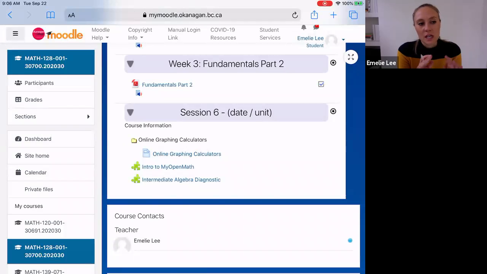I'll count it as an assignment, but it's really just, do you know how to enter things into MyOpenMath? Because it'll require you to enter things in a specific way. And then the intermediate algebra diagnostic, we're working through all those fundamentals, so maybe hold off. I made these both due next Thursday, I think. It should say on there. But I can adjust the date depending on how long it takes us.